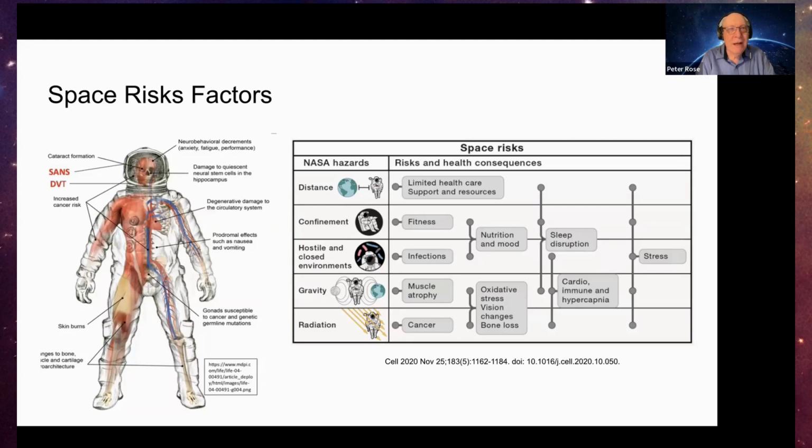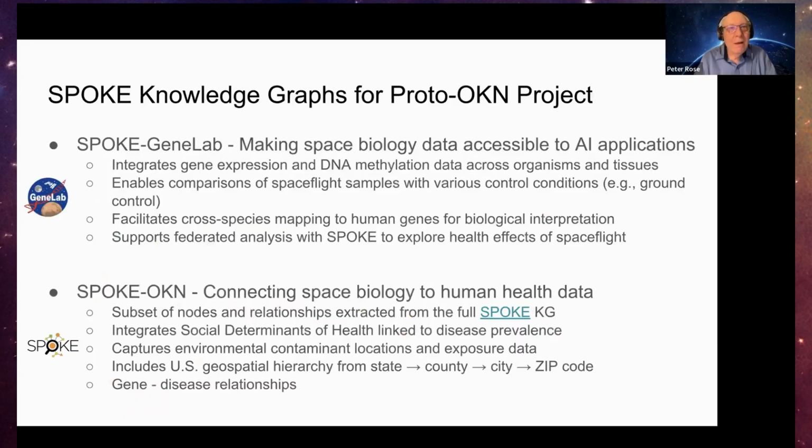So we try to understand how those risk factors affect human health and what we can do about it. To answer those questions, we created two knowledge graphs. The first one is called SPOKE-GeneLab, which incorporates data from NASA, and the goal here is to make space biology accessible to AI applications.